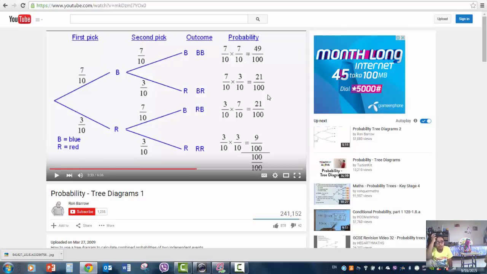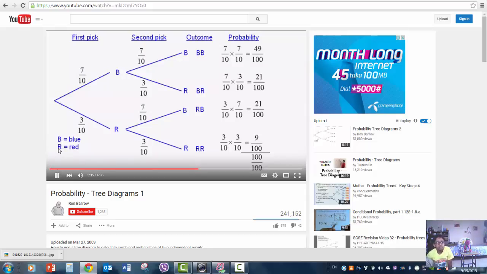And then 70 plus 20 equals 90, plus 1, 91. So what was the answer? The answer was 91 over 100. 91%.